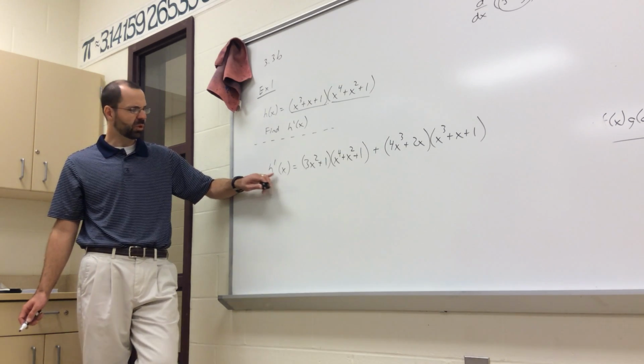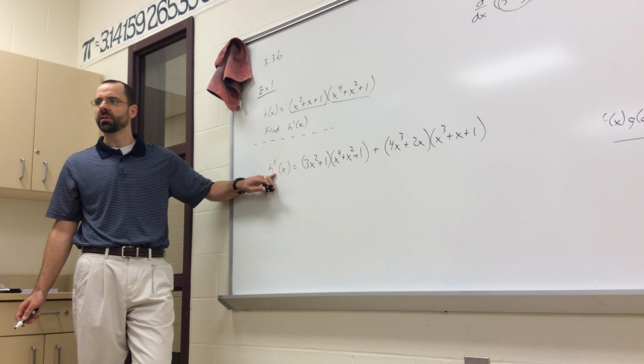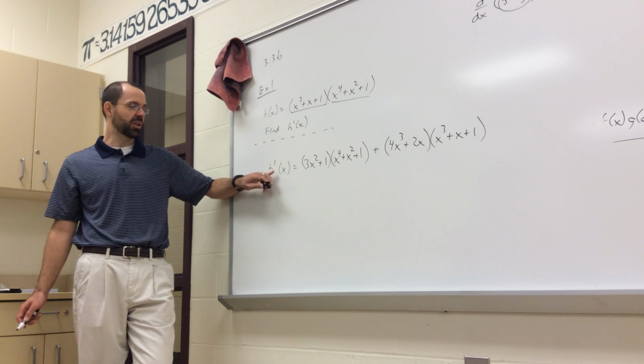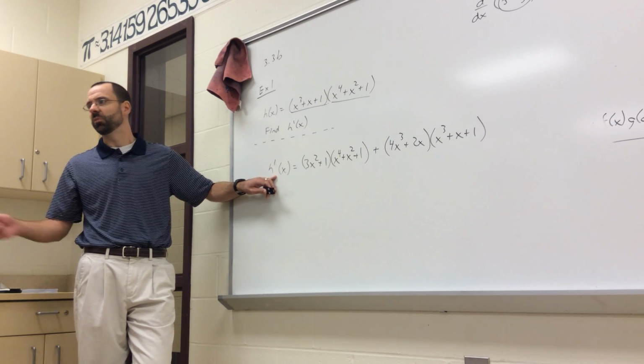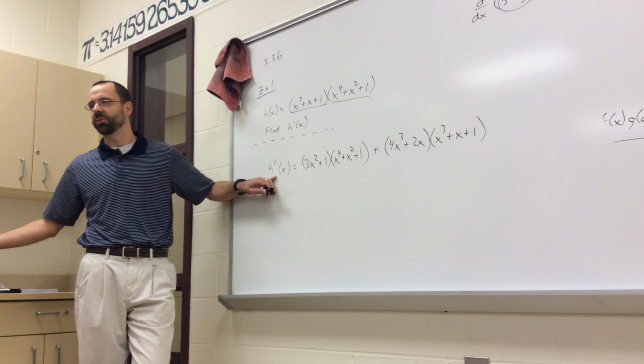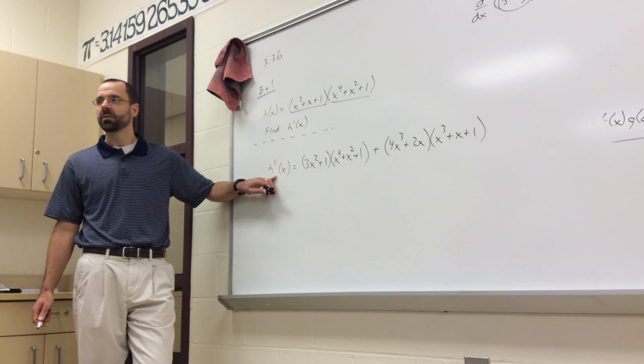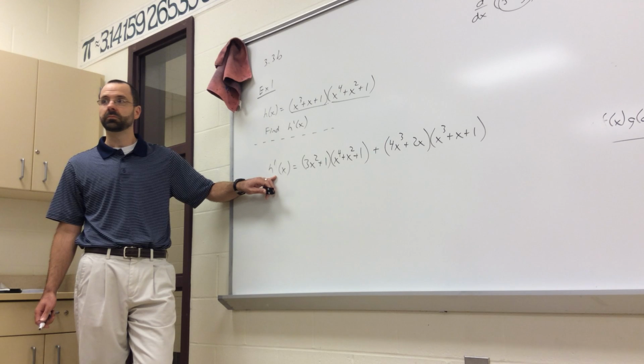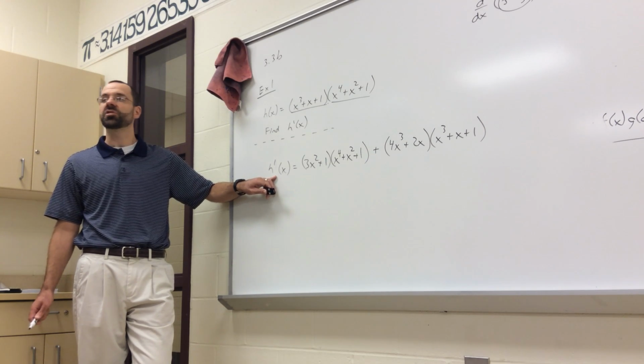Okay, so what does this formula here do for us? If we plug a number into this and we get a number out, what does that number that we get out mean? Give it a shot, Brittany.